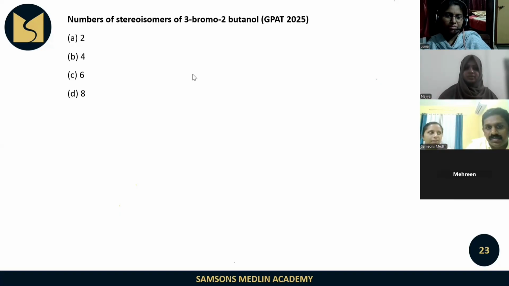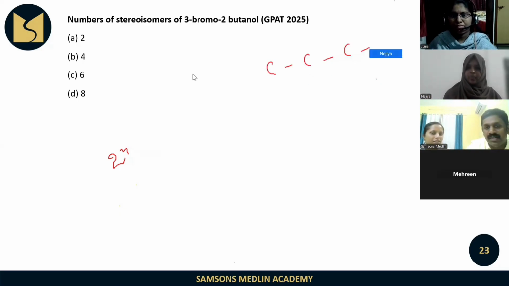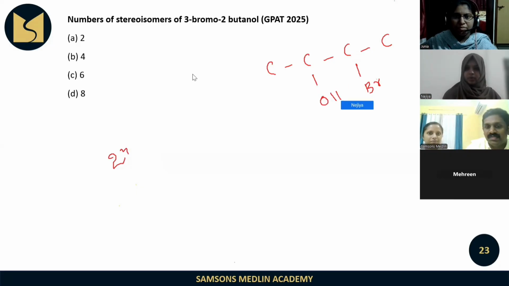So when you are writing the structure of this, a minute. So 4 carbon atoms are attached, and you know that 3-bromo, then 2-butanol, right? Then the other positions are occupied with hydrogen atoms, right?